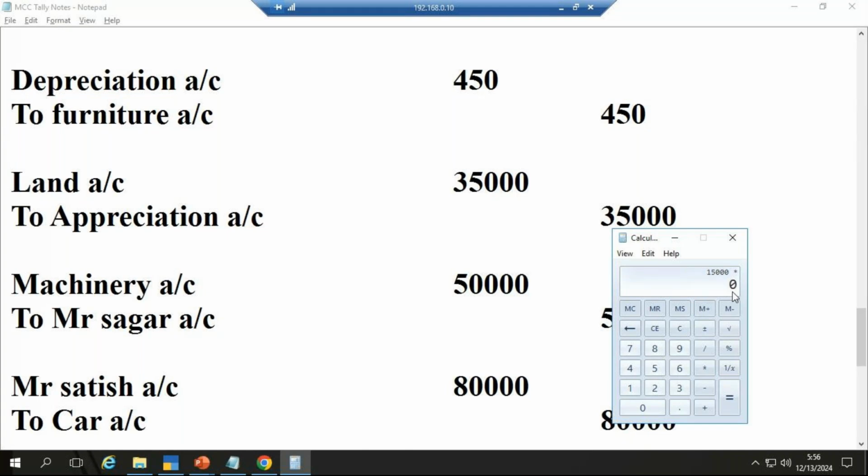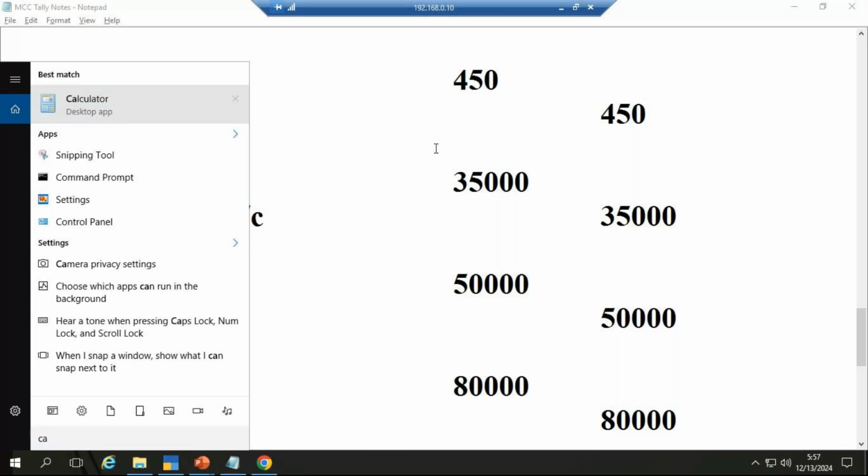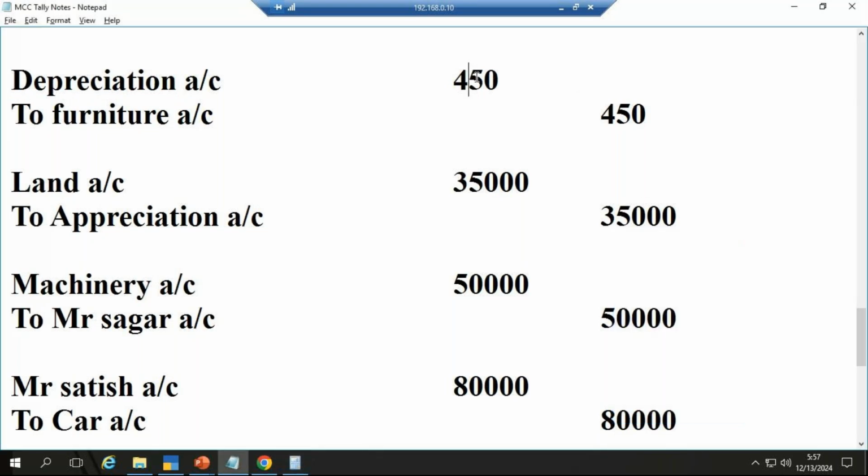You have 5 lakh rupees as the value of a land, and it is increasing by 7%. 5 lakh multiplied by 7% is 35,000. So 15,000 at 3% is 450, and 5 lakh at 7% is 35,000.